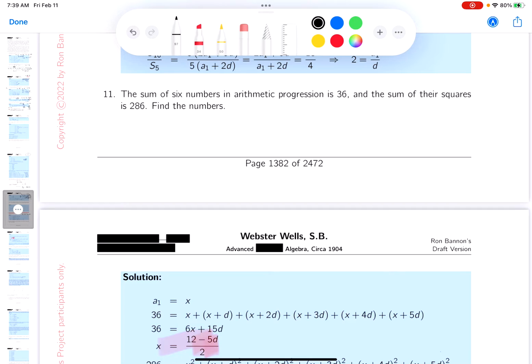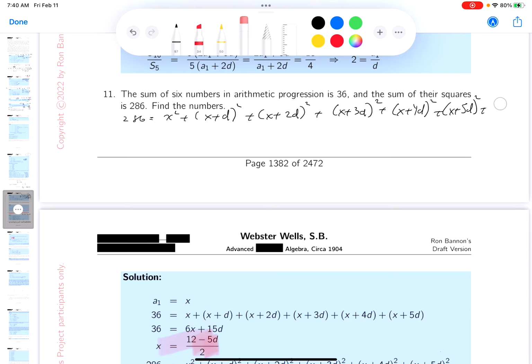Let's write that over again. 286 equals x squared plus x plus d squared plus x plus 2d squared plus x plus 3d squared plus x plus 4d squared plus x plus 5d squared. That's 6 terms, right? And what would I do over there? I guess I try to simplify.